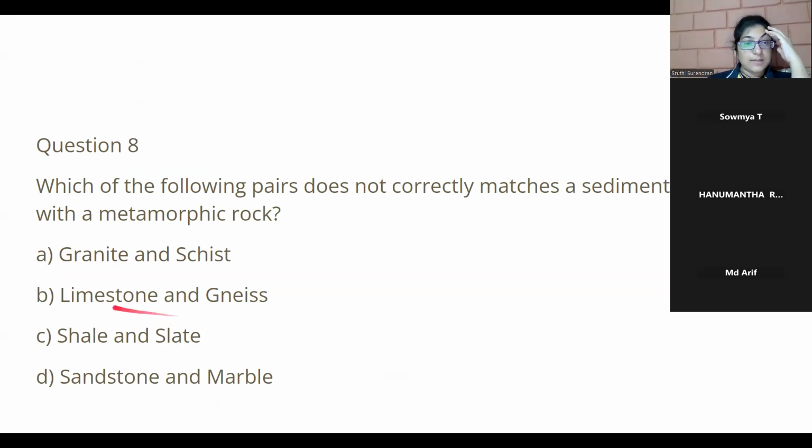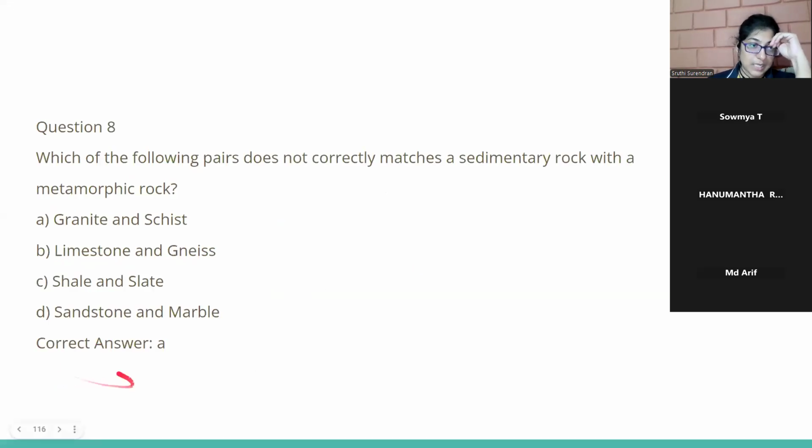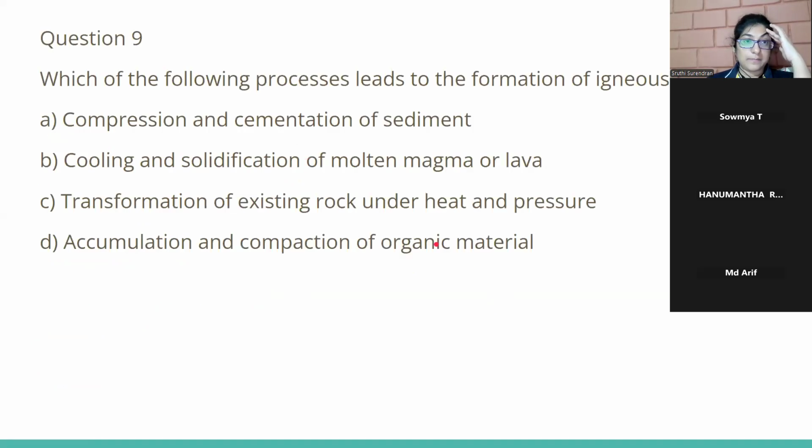Limestone is a sedimentary rock, gneiss is a metamorphic rock, so it is a correct pair. Shale is a sedimentary rock, slate is a metamorphic rock, so this is also a correct pair. Sandstone is sedimentary, marble is metamorphic, so this is also a correct pair. Granite is an igneous rock, and schist is a metamorphic rock. So option A is the correct answer because they have asked for the wrong pair.